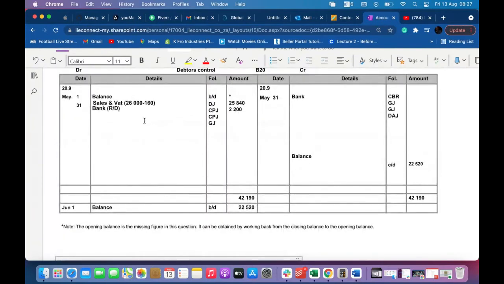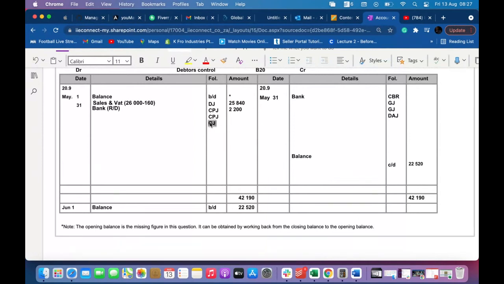So now we also need to recognize the 200 that has not been received. For a moment, let me just do this because that folio is for something else, so that things are in order.